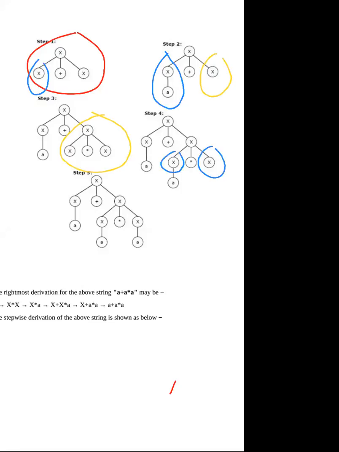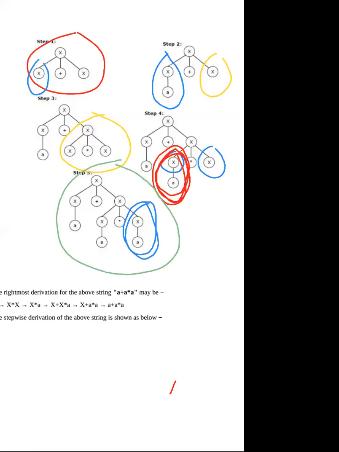The leftmost X, the one in red color. Replace this X by A, and finally we replace the last X, because it is not left or right, there is only one X left. So finally we got this derivation tree.